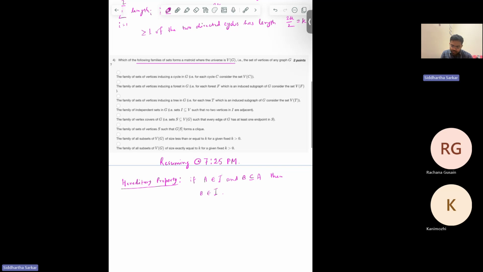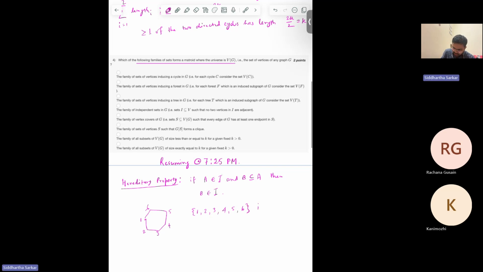Okay. So now in this case, consider a cycle in the graph. Let us say that the vertices of the cycle are 1, 2, 3, 4, 5, and 6. Then any subset of these 6 vertices should also form a cycle. That is the meaning for it to be a matroid.